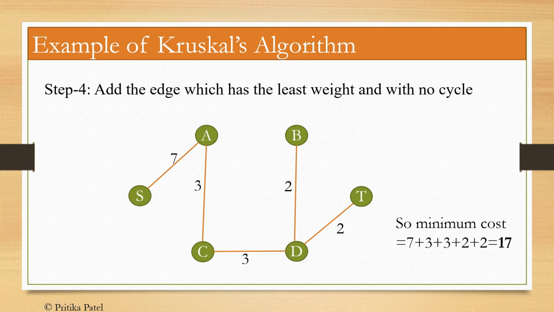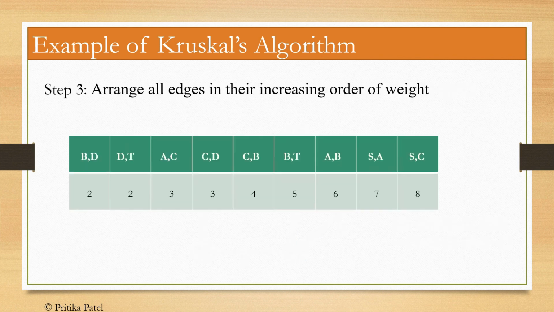Because here we have to cover all the vertices, so we choose the edges from this table. So we can choose B to D, so B and D vertices are covered with minimum weight 2. Then D to T, so B, D and T are covered. Now A to C, so A and C are also covered with minimum weight 3.